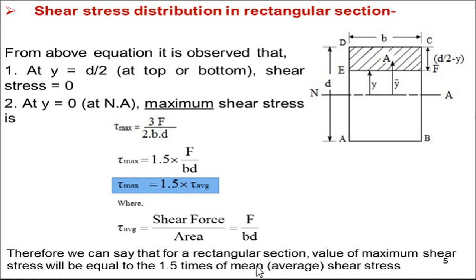Therefore, we can say that for a rectangular section the value of maximum shear stress will be equal to 1.5 times the mean or average shear stress.